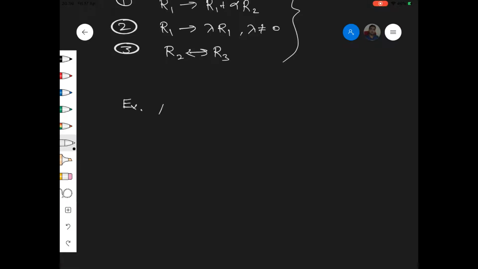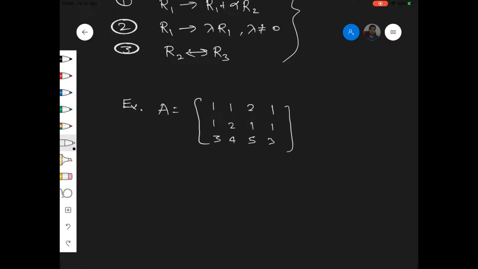Let's take a matrix A which has the entries 1 1 2 1, 1 2 1 1, and 3 4 5 3.